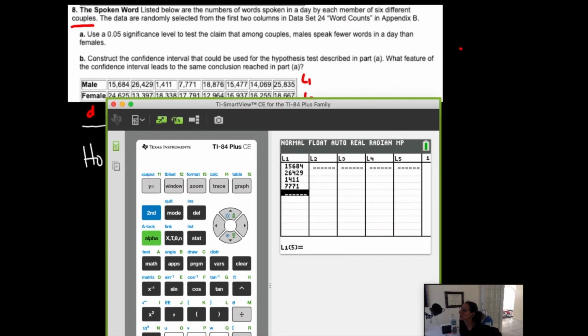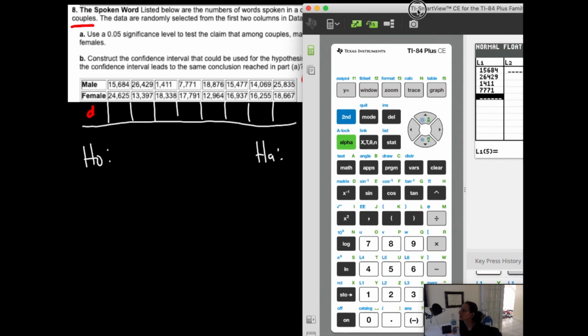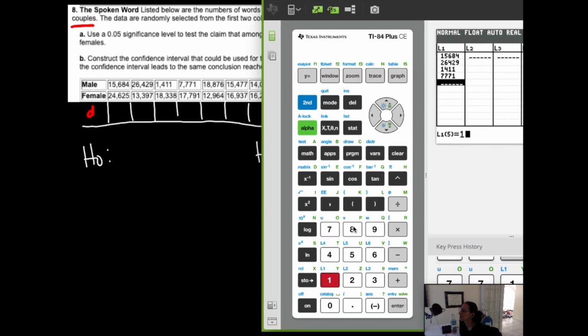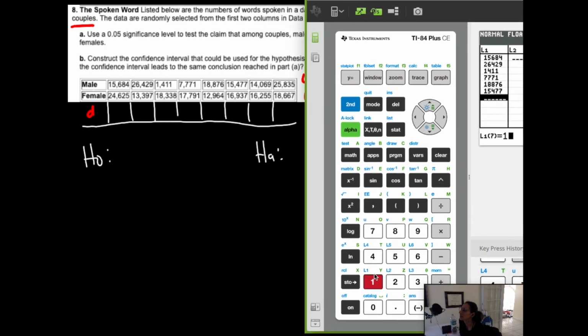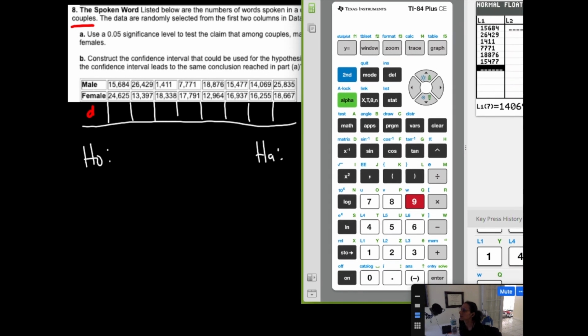What's the next one? 18,876. 15,477. 14,069. And then the last one for males is 25,835. So L1 is all the male data.